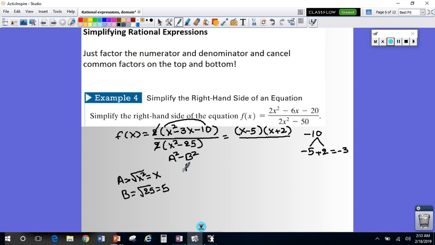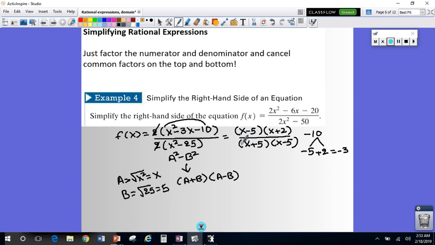So we know that a square minus b square is a plus b times a minus b. So this is equal to x plus 5 times x minus 5.